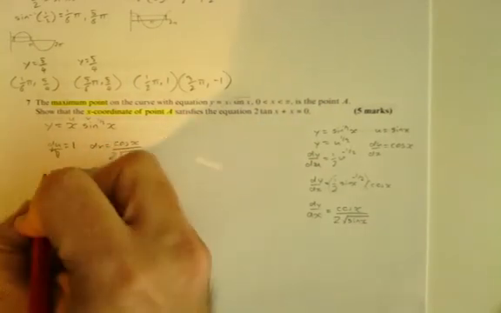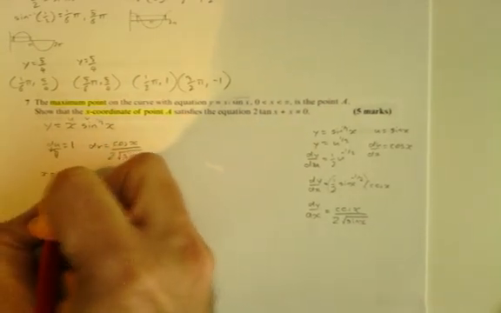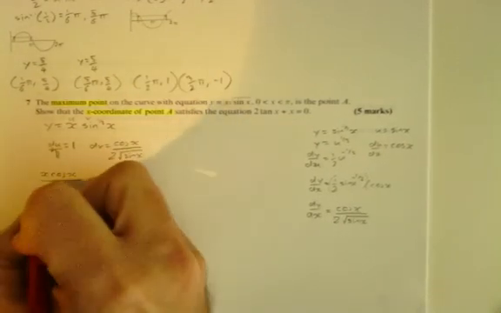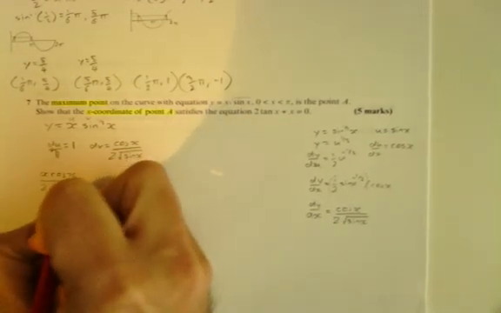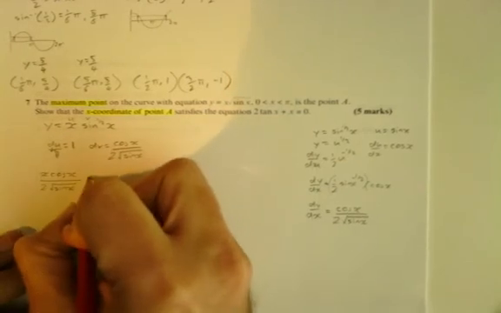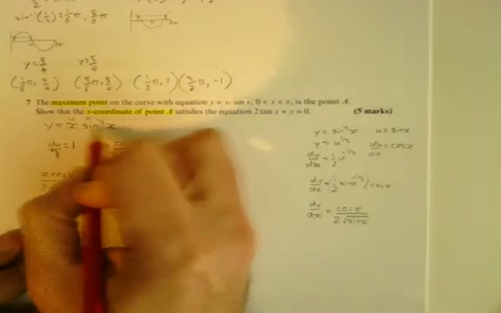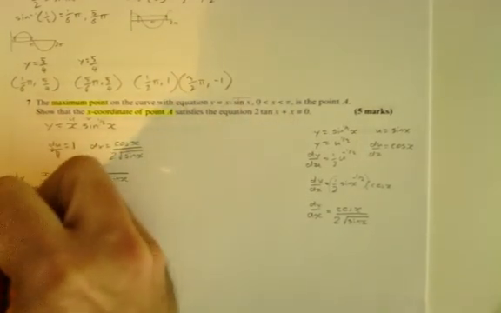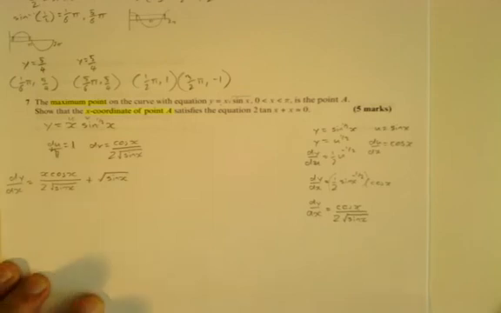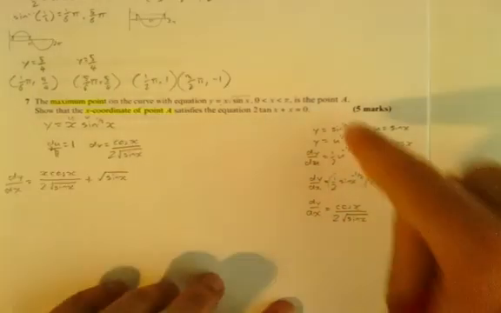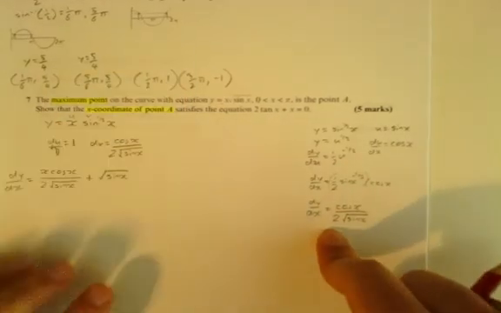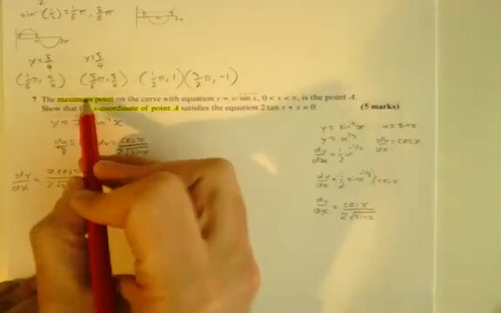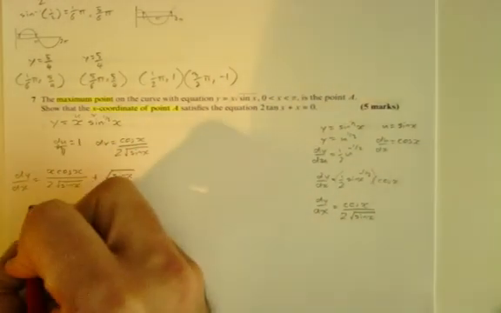So u dv is going to be x cos x over 2 root sine x, plus v du. Now I'm going to write that back as root sine x. Okay, so that's what dy by dx equals. So this question involved using the chain rule within using the product rule over there.